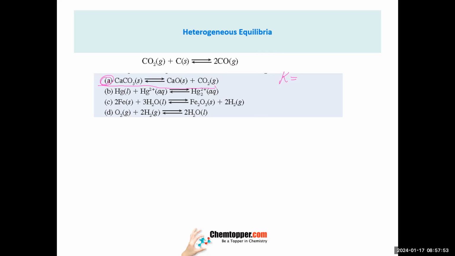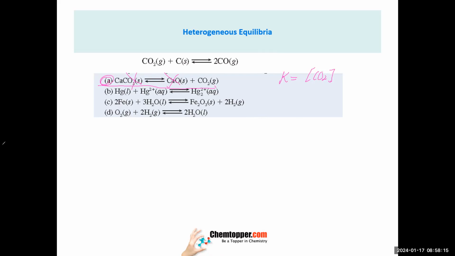Let's do it. Yes, yes. Just the concentration of CO2. Nothing with these solids. They have nothing to do with my equilibrium, okay? It's only the concentration of CO2 that's going to decide the value of K.